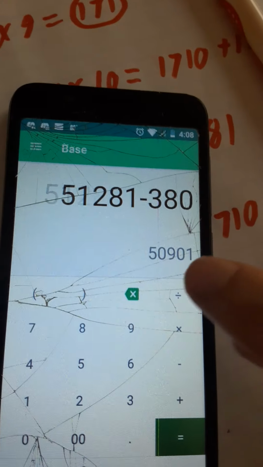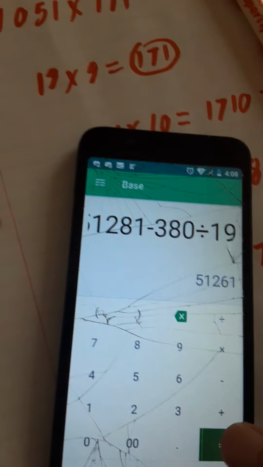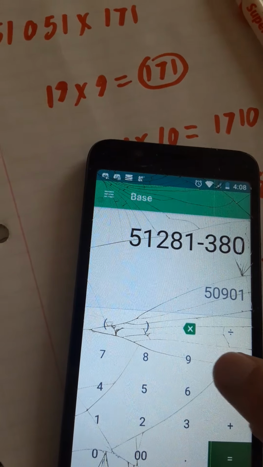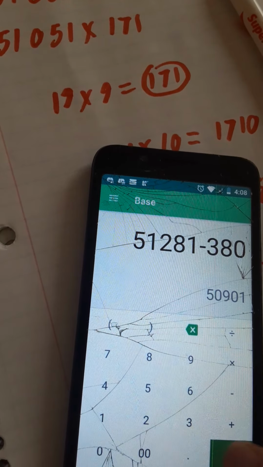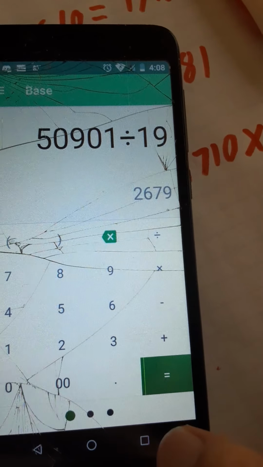So that number that's divisible by 3 right there should also be divisible by 19. Yep, 2,679.